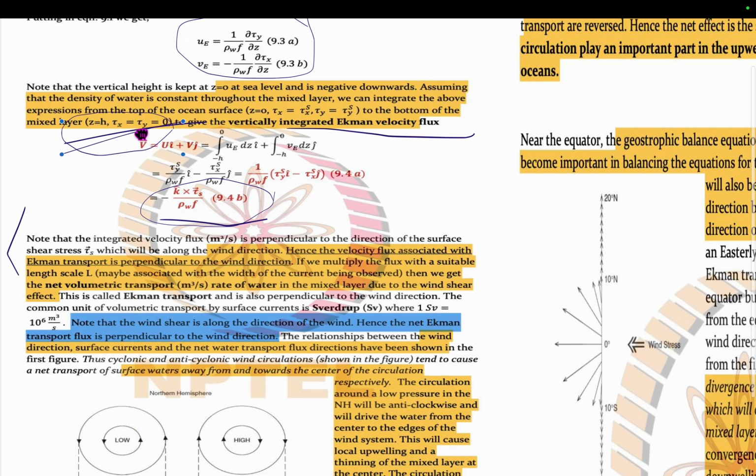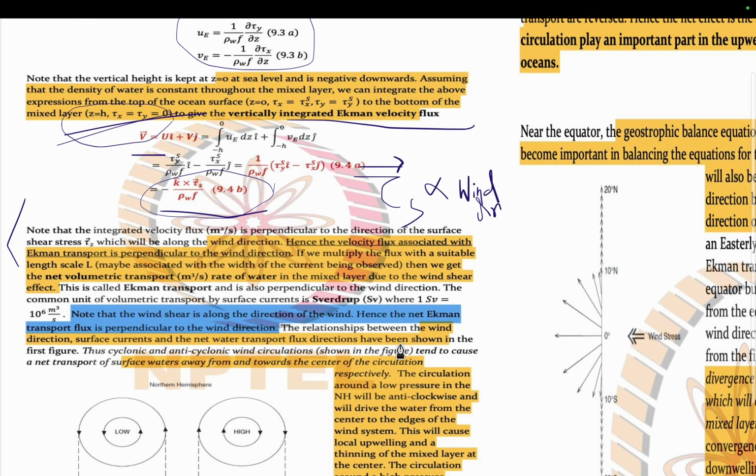So V is coming from the cross of tau s, and tau s is proportional to the wind direction. Note that wind shear is along the direction of wind, hence the net Ekman transport is perpendicular to the direction of wind from the cross term.